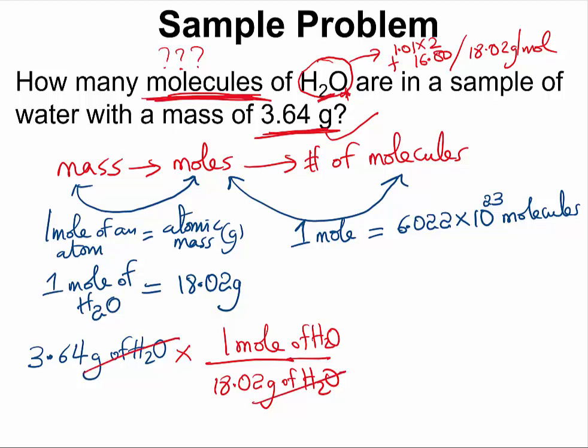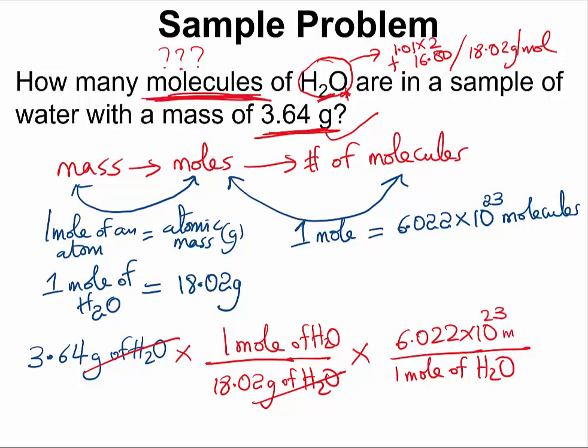Grams of water will cancel out. Then we multiply by the second conversion factor. We know that 1 mole of water will contain 6.022 times 10 to the power of 23 molecules of water. Moles of water will cancel out.